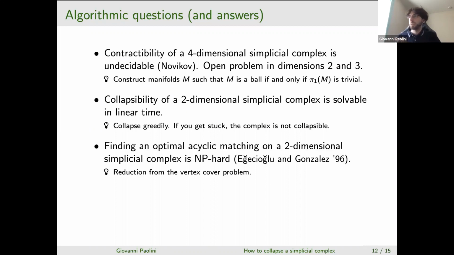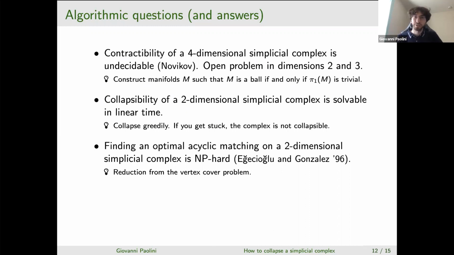But even when we ask a slightly more difficult question, this already becomes hard. The slightly more difficult question is finding an optimal acyclic matching on a two-dimensional complex.